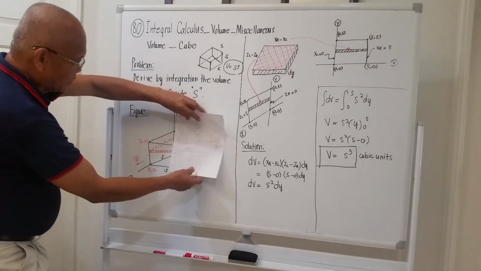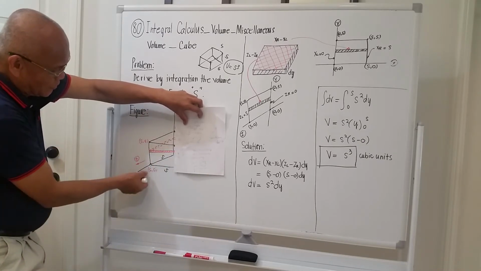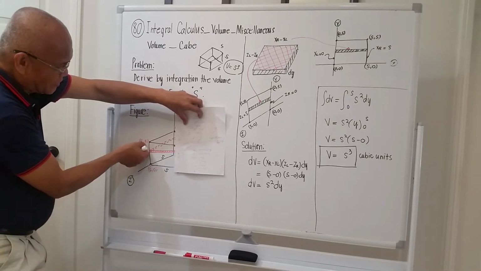And if we consider the Y and Z axes, this should be (S, 0), this is (S, S).